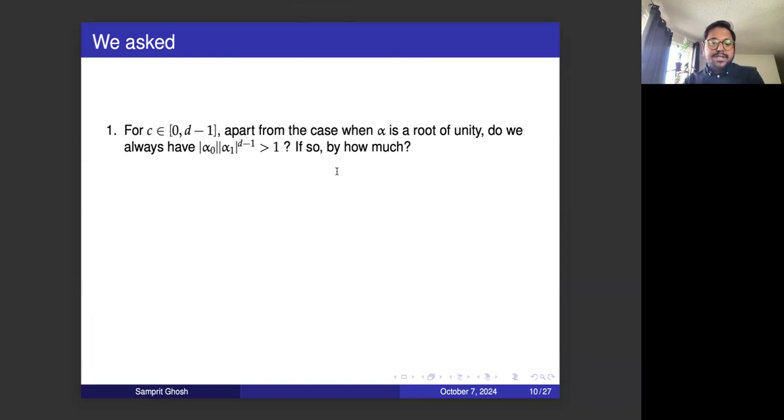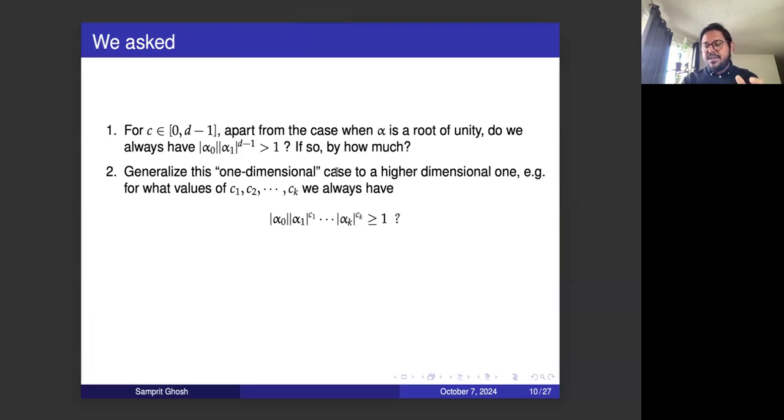And then the more interesting question was to consider, if you think of this 0 to d minus 1 as the one-dimensional case, can you generalize it? Or in other words, if we look at all tuples C1, C2, Ck that satisfy alpha 0, alpha 1 to the C1 and so on, bigger than or equal to 1, what does that look like?